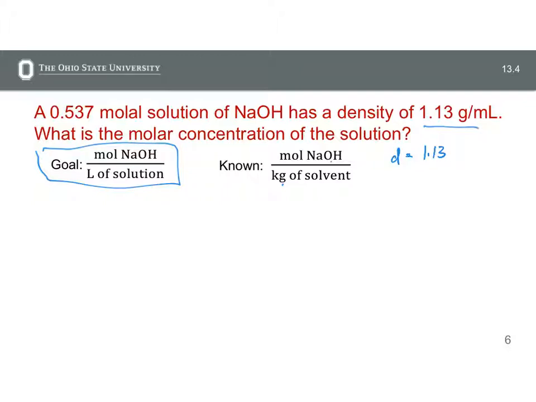So when I write out units of density, I do grams of solution per milliliter of solution. Simply by writing that out, it reminds me that that density is for the solution. It's not for pure sodium hydroxide or water or anything like that. It just keeps me on track.